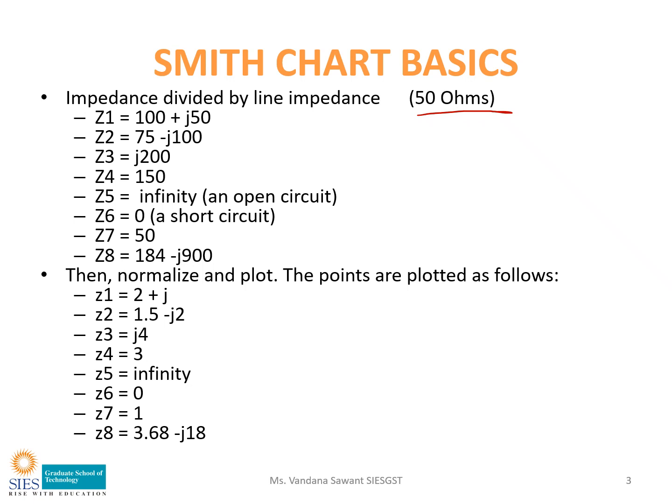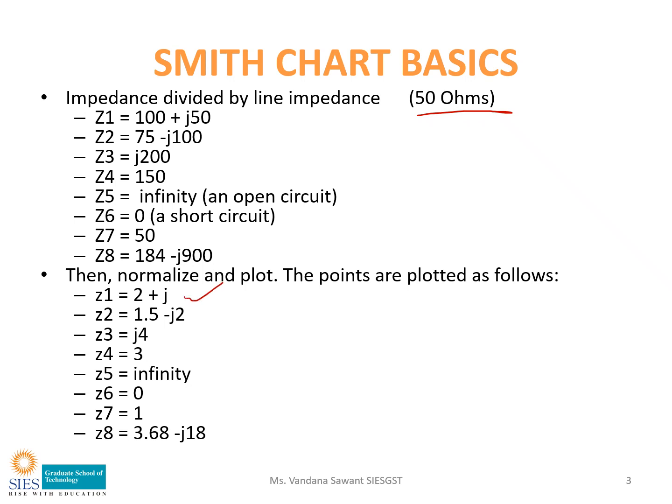That means each and every component of Z is divided by 50, that is 100 divided by 50 equals 2, and J50 divided by 50 equals J1. So the normalized value for Z1 will be equal to 2 plus J1.